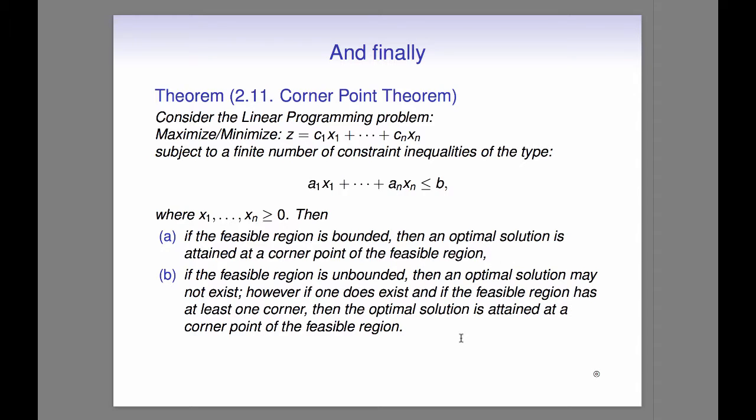If the feasible region is unbounded, then an optimal solution may not exist. However, if one does exist, and if the feasible region has at least one corner, then the optimal solution is attained at a corner point of the feasible region. So in all the interesting cases, the corner points are where to look for the solutions.